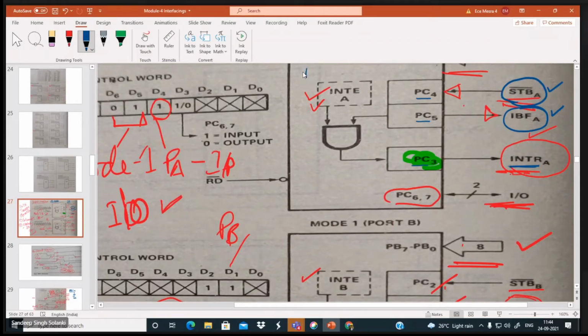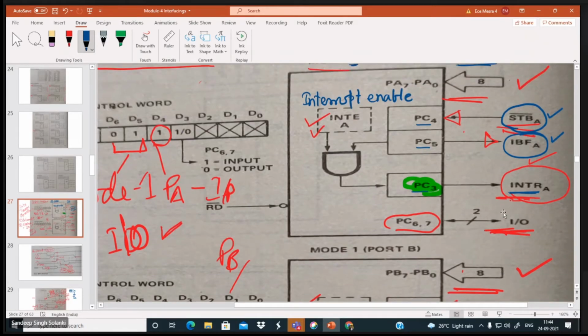This interrupt, you see here, will be generated only when you have IBF full and enable available.